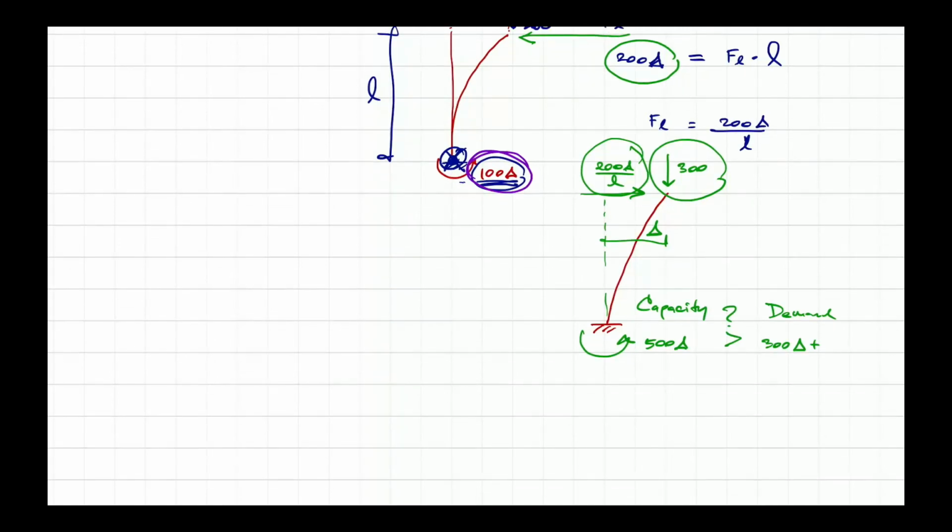So we take the 200 delta over L, which is the lateral force, and then multiply by the height L. So you get the moment. So the demand moment and the capacity moment, right now it is balanced. You get 500 delta equal to 500 delta. So this system is going to work.